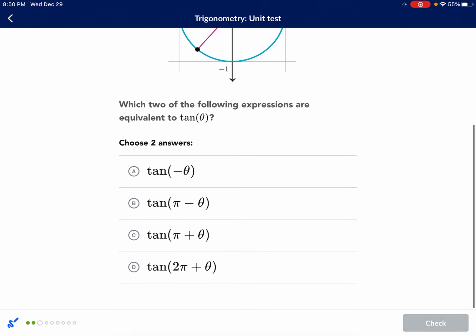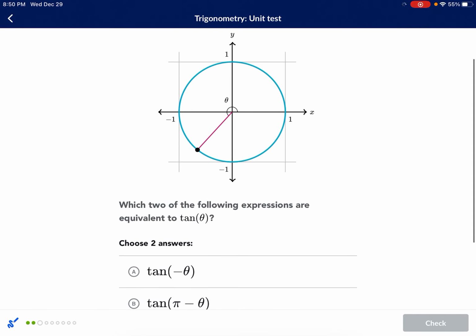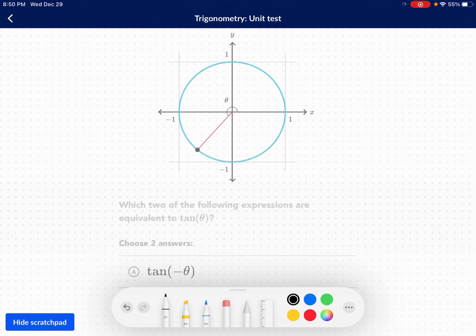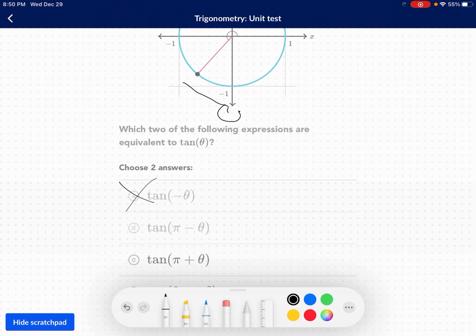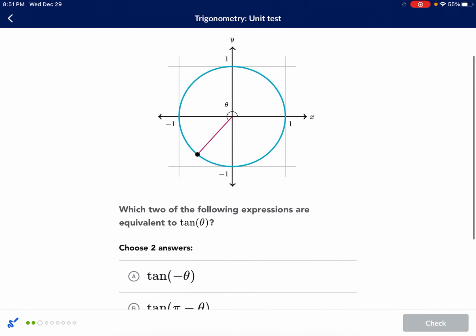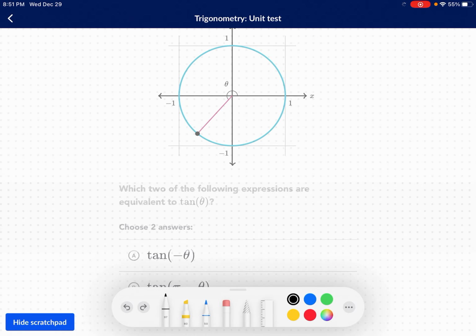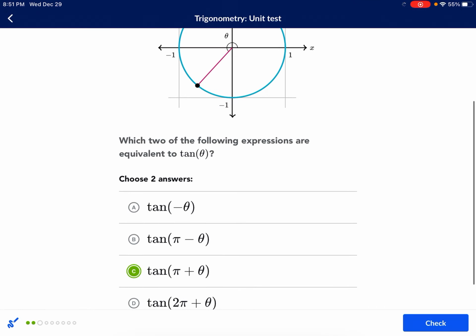Okay. Which two expressions are equivalent to tangent of theta? Tangent of negative theta, that would go like here. Nope, not A. Tangent of pi minus theta, pi goes to here, minus theta goes here.